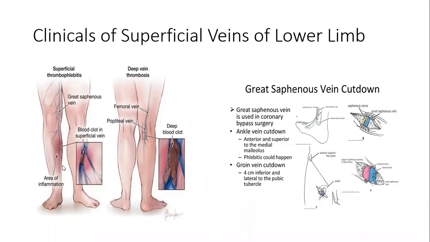Next very famous clinical associated with the superficial veins of the lower limb is thrombophlebitis. Thrombophlebitis is a condition having two components: inflammation of the vein wall associated with the development of a thrombus. The complication that is associated with this clinical condition is pulmonary embolism, which happens if a blood clot detaches itself from the venous wall, enters the blood circulation, especially venous circulation, and reaches the lungs.